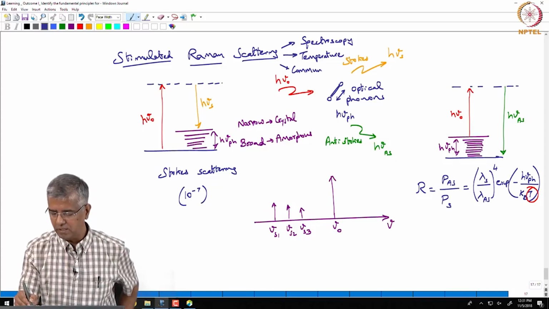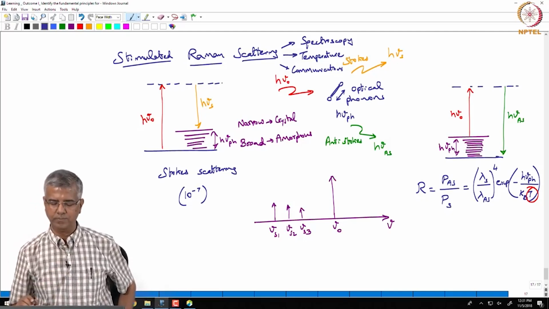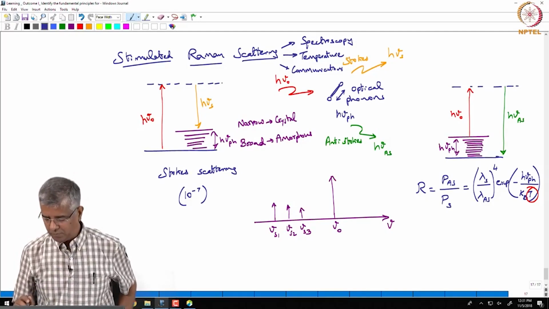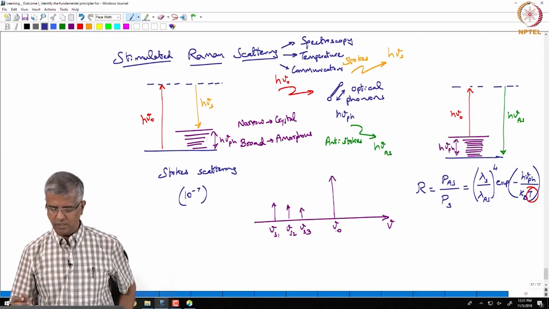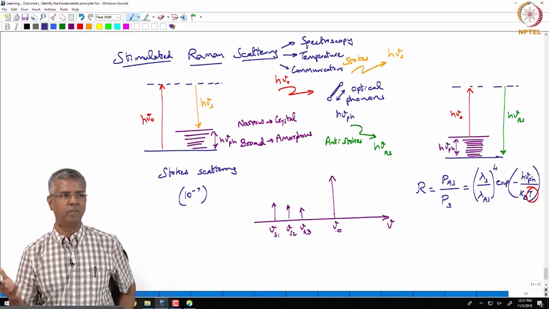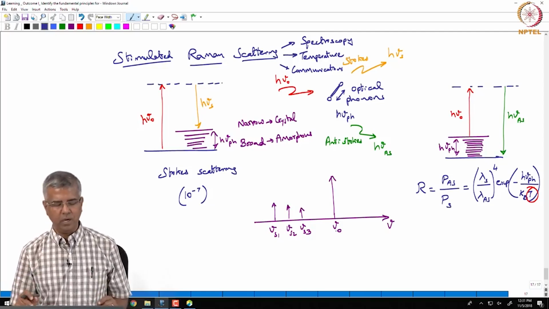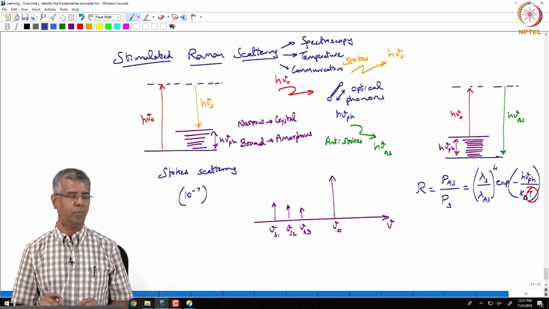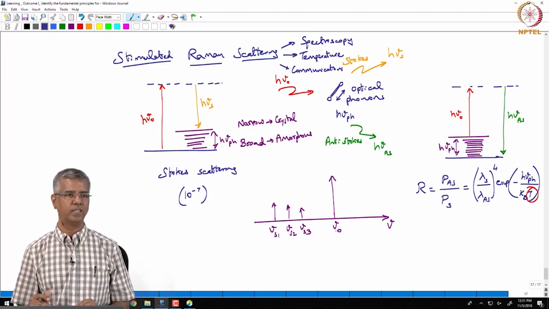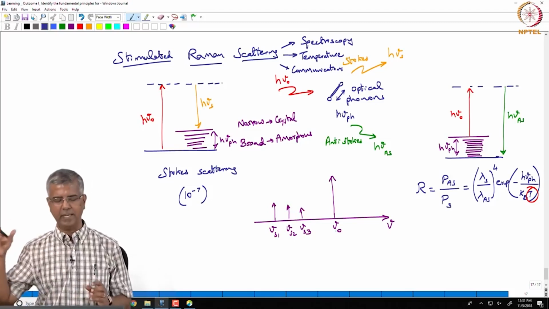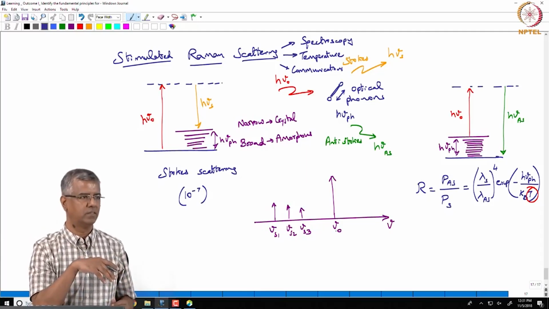So in communications, it could be both bad as well as good. It could be bad because, let's say I am sending information in different frequencies, like in wavelength division multiplexing, different wavelengths. If nu naught and nu s are both different channels in my communication system, what this Raman scattering does is it takes energy from nu naught and deposits it in nu s, right.